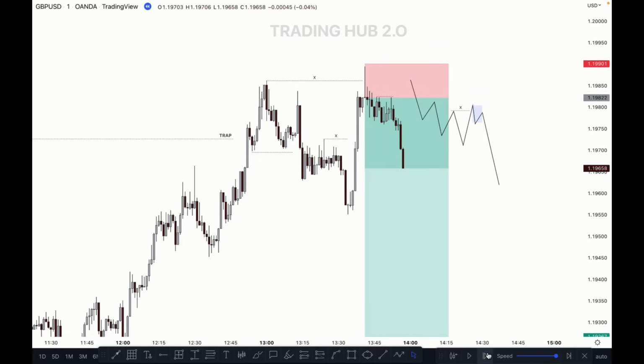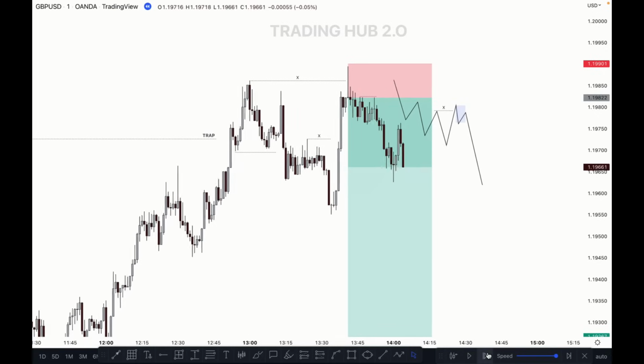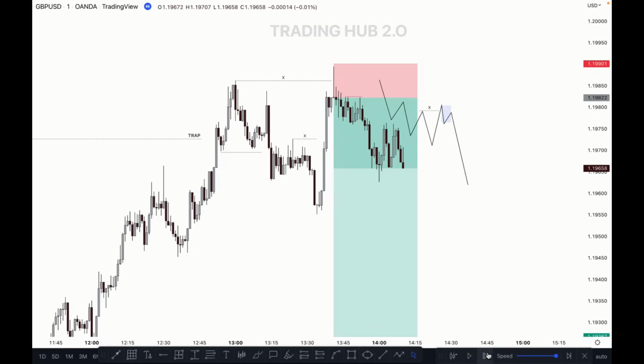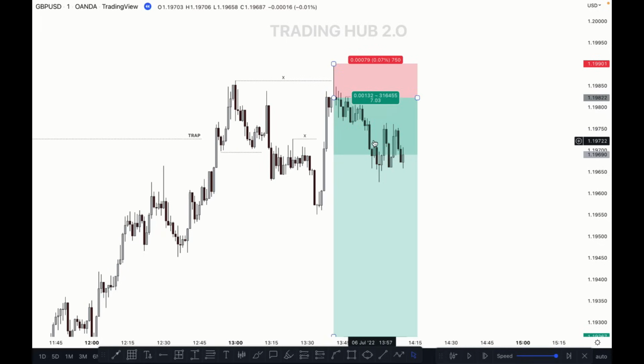Let's see what happened next here. Market did not sweep the liquidity, and market is pushing downside. And one more thing you have to understand here, we can see market has taken out the first inducement, which is here. Let me show you.